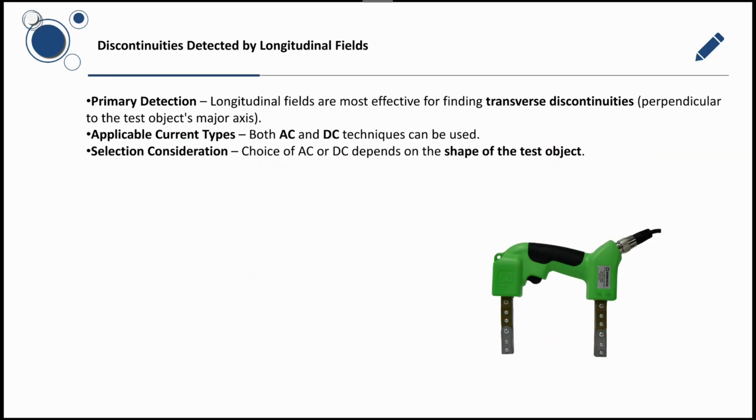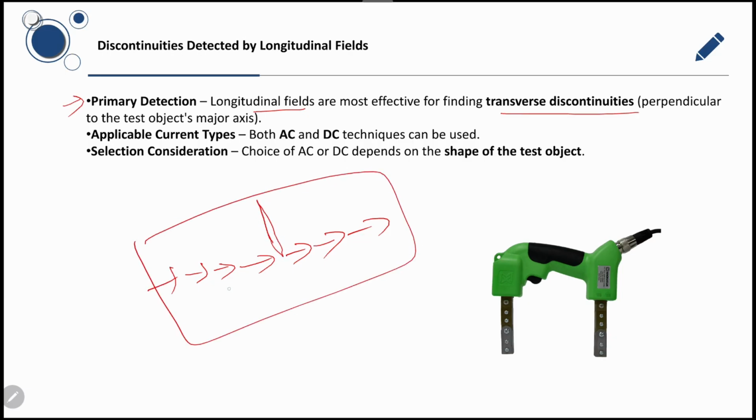The next topic is primary detection. Longitudinal magnetic fields are excellent for detecting transverse discontinuities. That means if the crack runs across, perpendicular to the main axis of the object, the magnetic leakage field will form clearly.